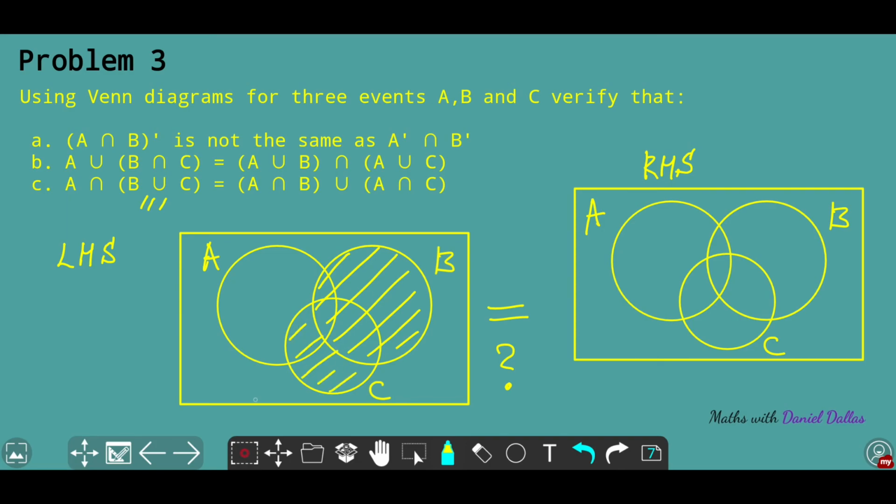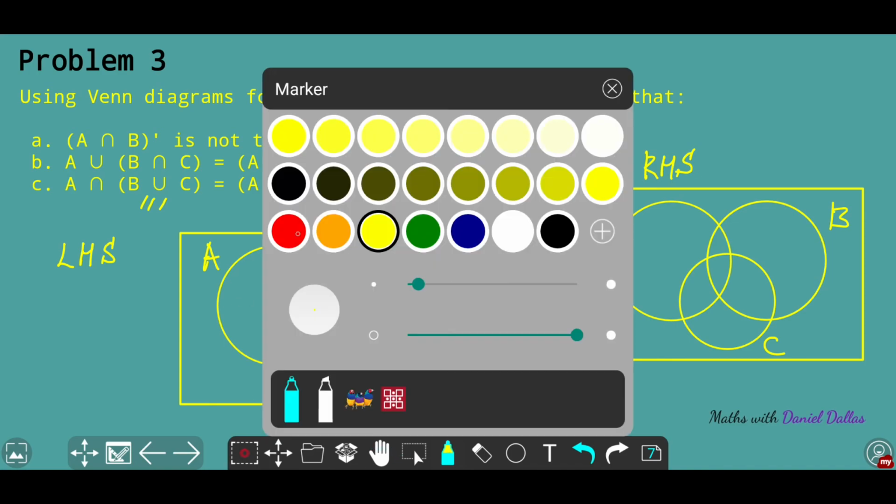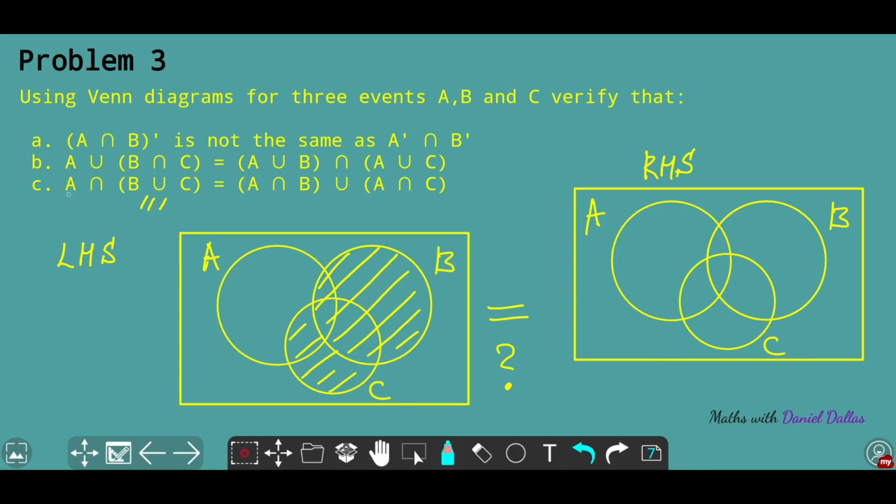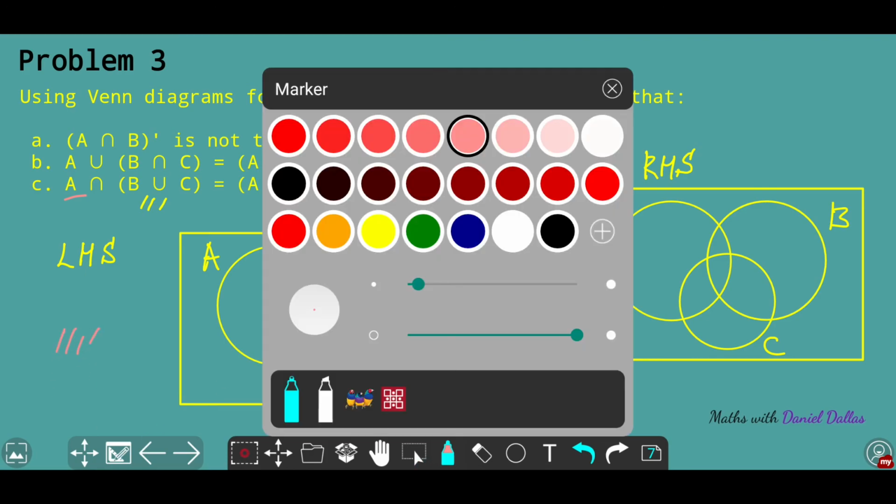And for the rest, for A intersect with this part, I'm going to use this sort of shading. Intersection means A where A has the common part with B union C. So this type of shading along with the yellow one will represent the left hand side.